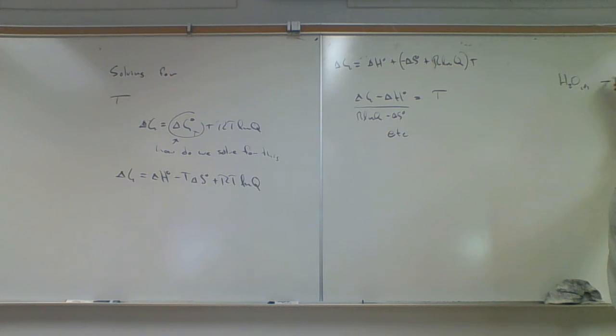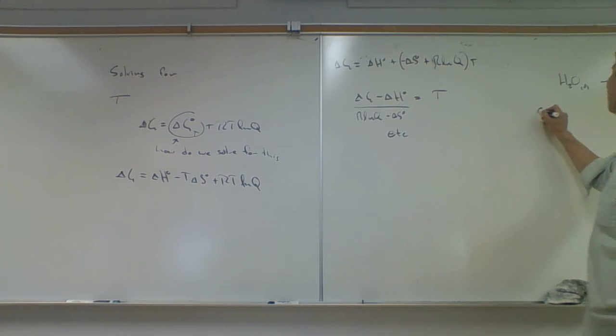We're going to go H2O to H2O gas. You know, delta G naught at 298 Kelvin under standard conditions is greater than 0. And so what we want to do is we want to make this spontaneous.